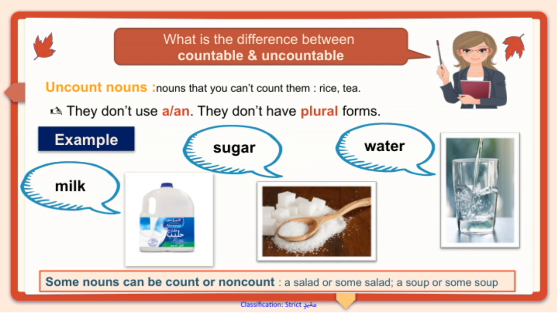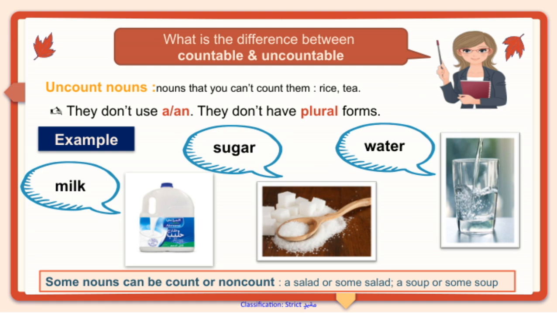Uncountable nouns are things you can't easily count individually, like rice or tea. You wouldn't say 1 rice or 2 teas, but rather, you might say a grain of rice or a cup of tea. So, the key difference between countable and uncountable nouns is that countable nouns can be numbered and have a plural form, like apples or cars.